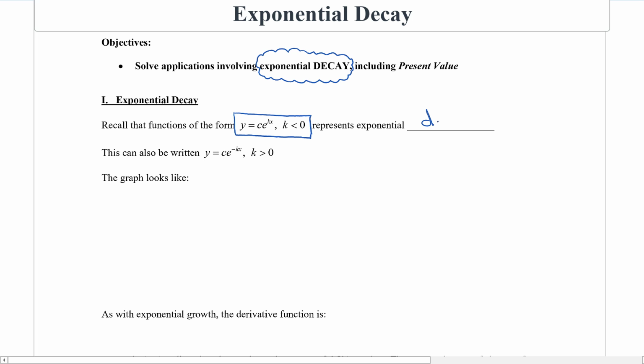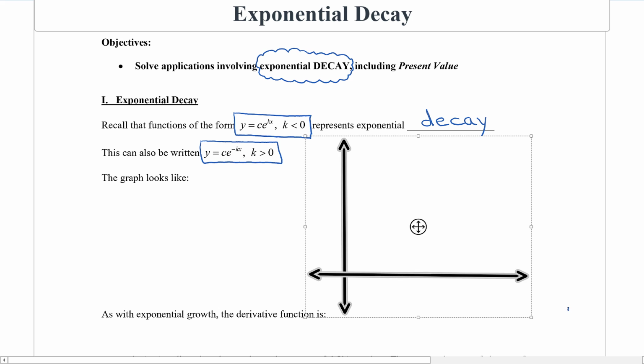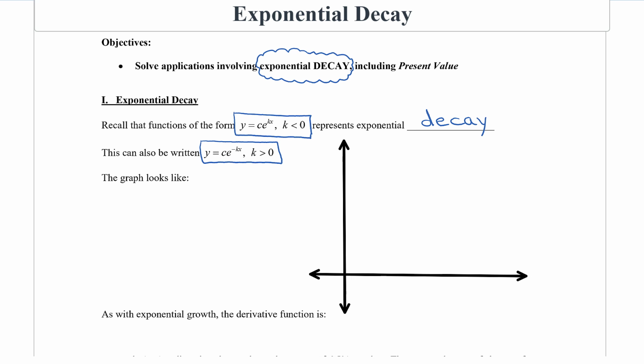This can also be written as y equals ce raised to the negative kx power, where k is greater than 0, and I have also boxed in that equation. We have a graph that appears in quadrant 2 and quadrant 1, and it is decreasing from quadrant 2 to quadrant 1.